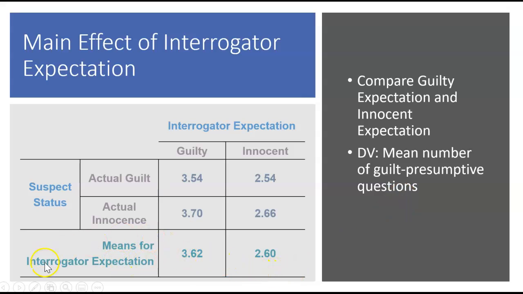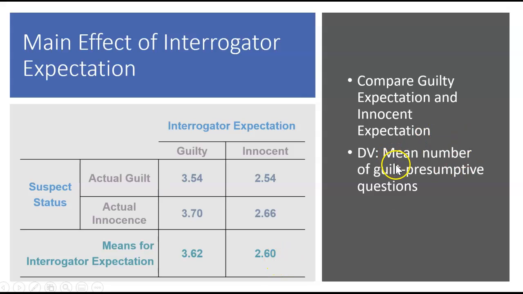Now here in this bottom box, this is the main effect for interrogator expectation. So if you're collapsing across suspect status, you have higher values in this one particular dependent variable than you do in the innocent condition.